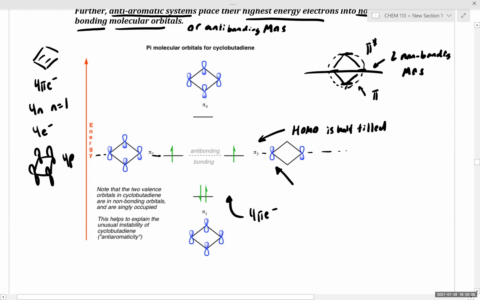Will it be antibonding? Not quite antibonding. We call these orbitals non-bonding. But just like filling an antibonding orbital is destabilizing, filling a non-bonding orbital doesn't really provide any additional stabilization. So we're filling these non-bonding orbitals, and that gives us no additional stabilization.